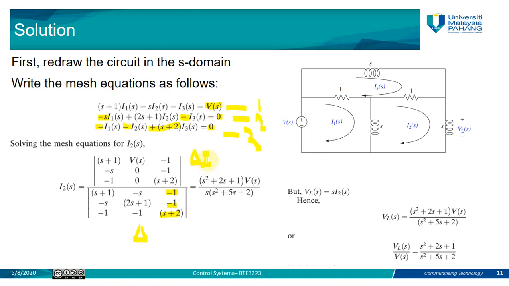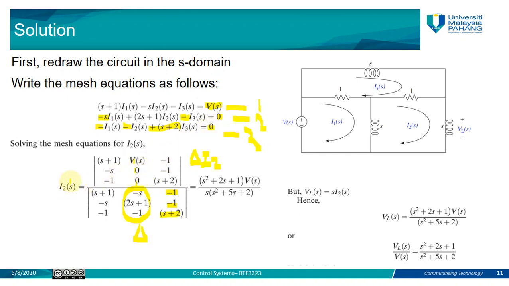To get delta I2, we replace column number 2 in delta, the coefficient of I2, by the right side of the equations. The right side of the first equation is Vs, so we put it here. The right side of the second equation is 0, we put it here. Then the third is 0, so we put it here.